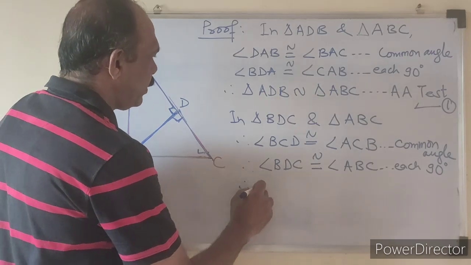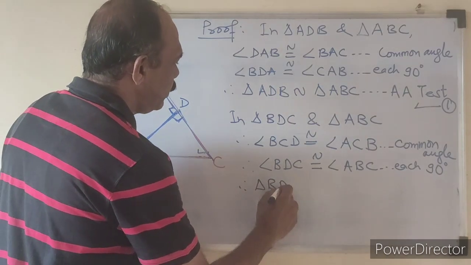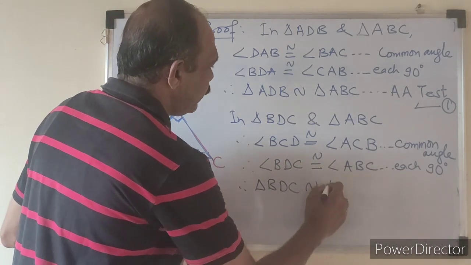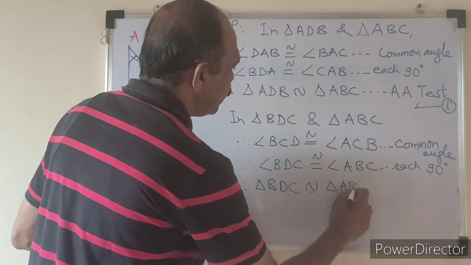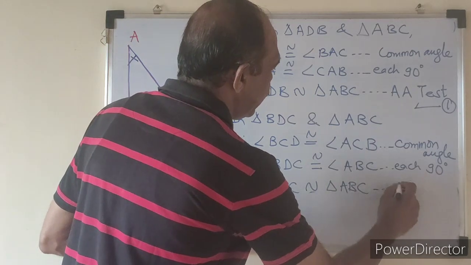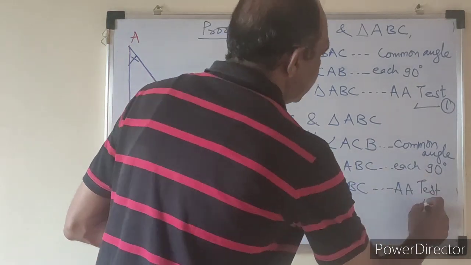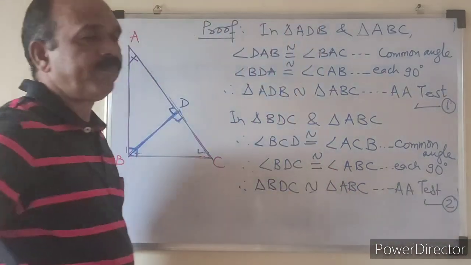So triangle BDC similar to triangle ABC. So here again AA test. So this is the second proof.